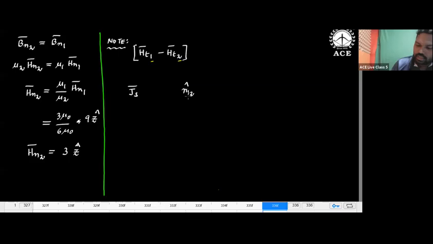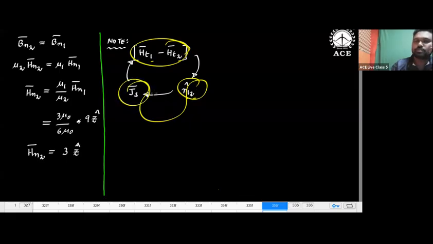If you take here 1, 2, here also 1, 2, these three are orthogonal set. Okay, beta, fine. Let us proceed further here. So what is required is this one. So I need to take the cross product of these two. Fine. That's all it is.